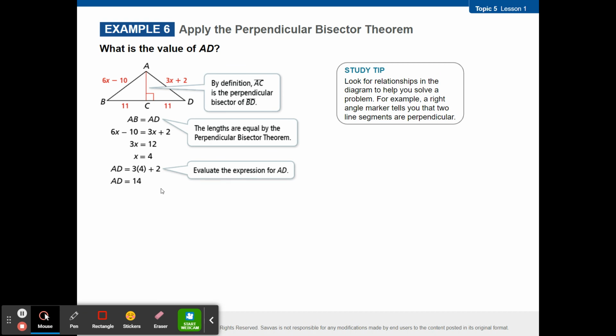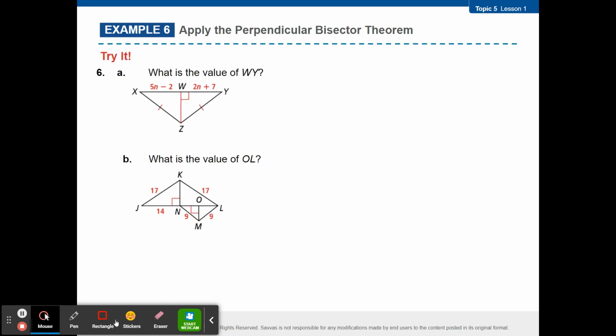Okay, now we're going to try one together. So let's take a look at letter A. Remember, this is example 4 in your books. I don't know why it's like this in the slides, but we'll just go with it. It says, what is the value of WY? In this case, we're going to have to apply the converse, which states that if we have these two sides equal, then this is a perpendicular bisector.